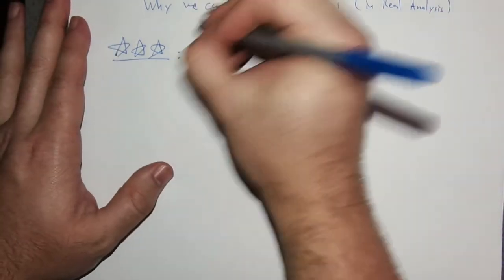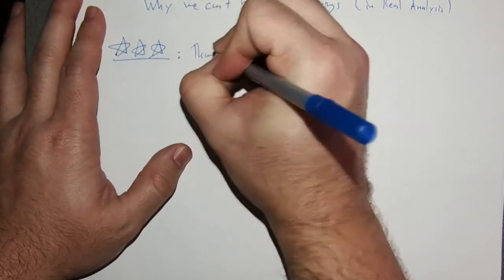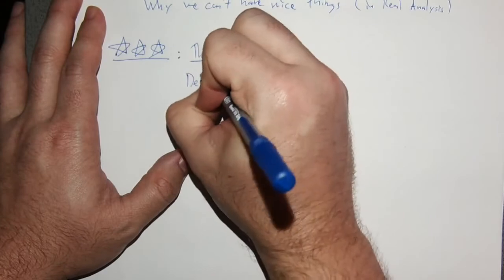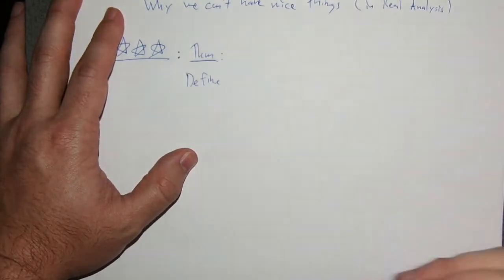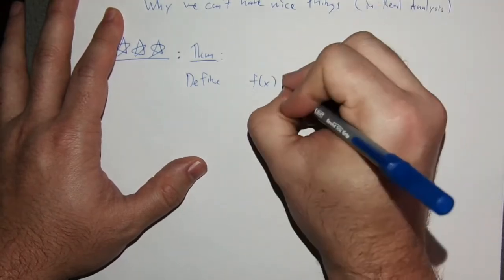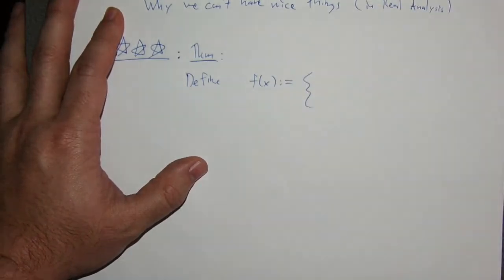Okay. So this is a theorem, fact, whatever you want to call it. Define the following function f of x to be a piecewise function.